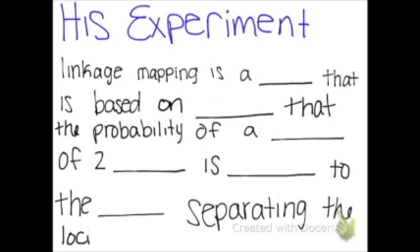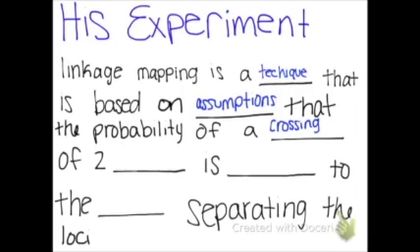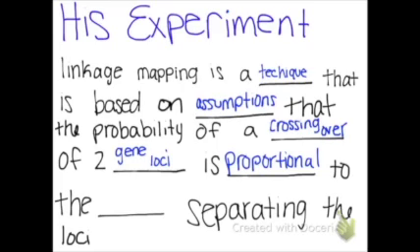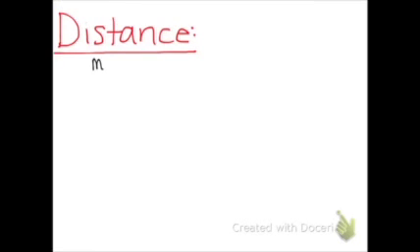In his experiment, he concluded that a linkage map is a technique that is based on assumptions that the possibility of a crossing over of two gene loci is proportional to the distance separating the loci. The distances are expressed by map units.